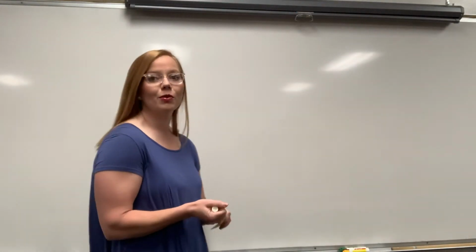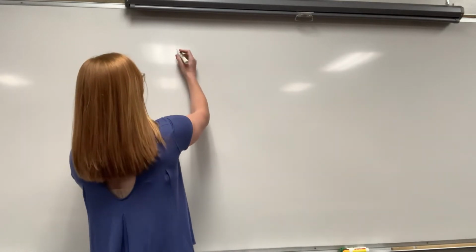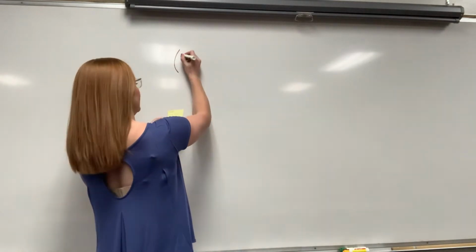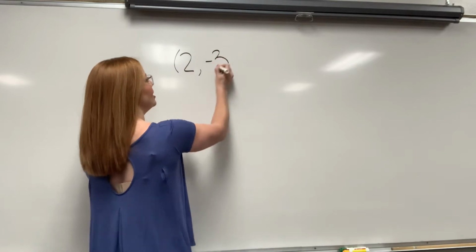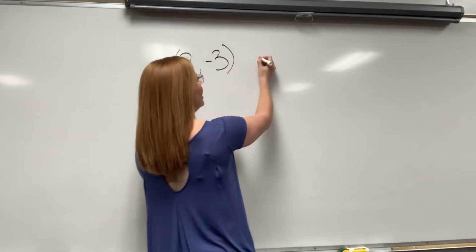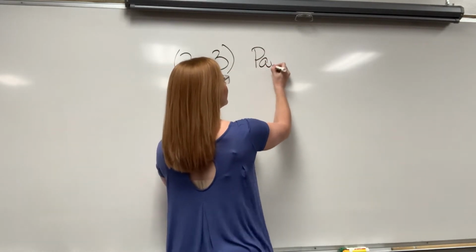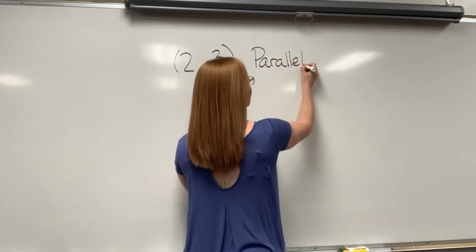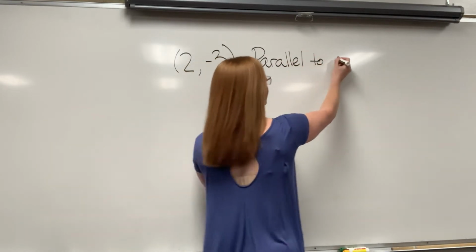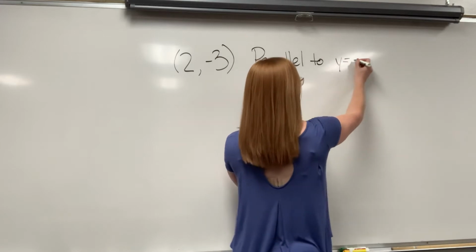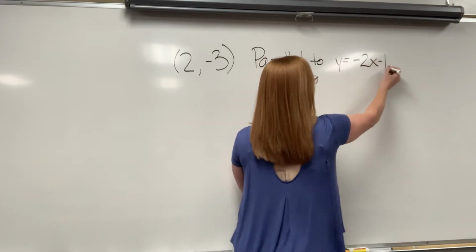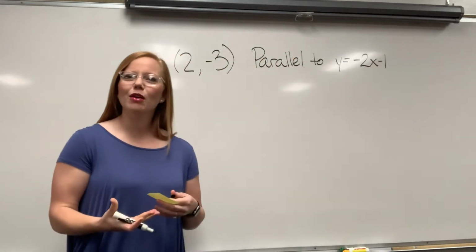First example that I want to work with you is if we are given the point (2, -3), and it's going to be parallel to y = -2x - 1. This is going to be kind of what your assignment looks like today.